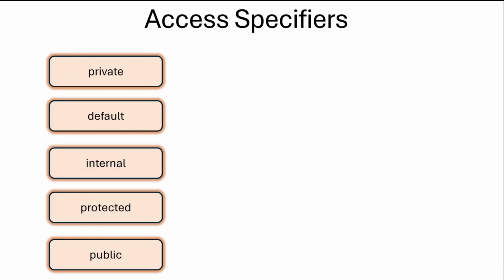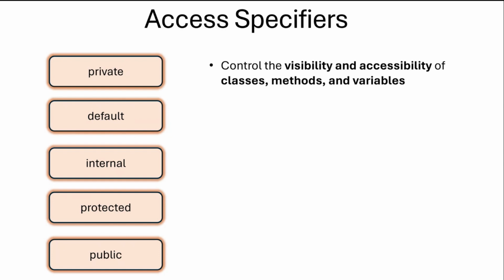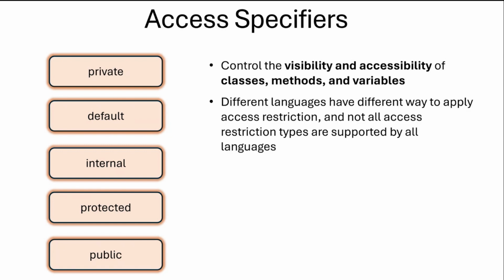Access specifiers. In previous slides, we discussed private and public variables, but what exactly are they, right? The access level helps to control the visibility or accessibility of the class, methods and variables, right? Different languages have different ways to apply access restriction. Not all access restriction types are supported by all languages.